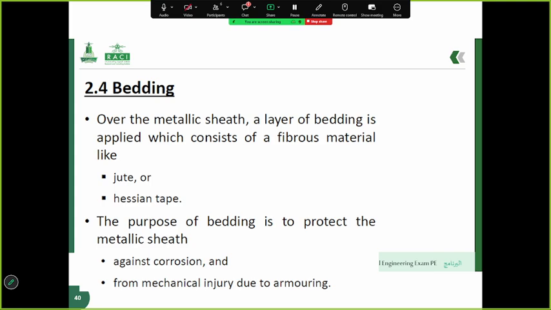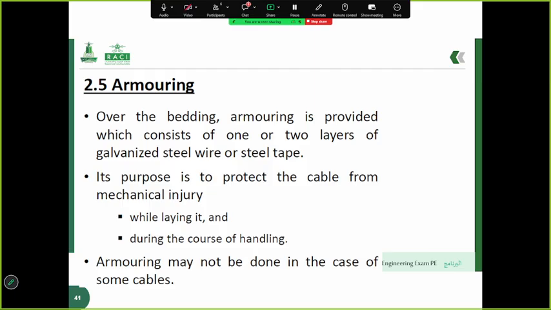First, it safeguards the metallic layer against corrosion, and second, it acts as a mechanical cushion to prevent injury from the armoring layer. So the armoring layer: over the bedding, a layer of armoring is applied, which typically consists of one or two layers of galvanized steel wire or steel tape. Its primary purpose is to provide robust mechanical protection to the cable.